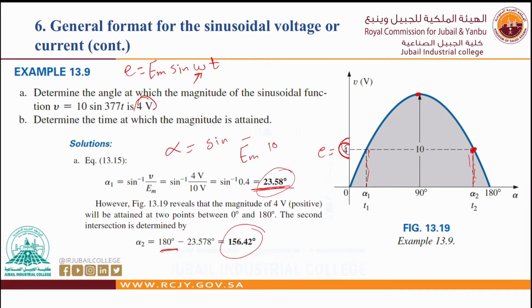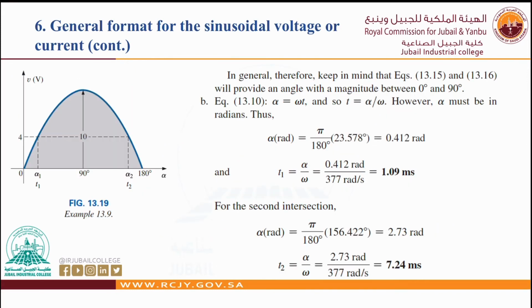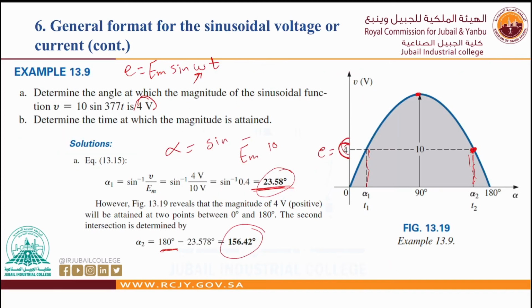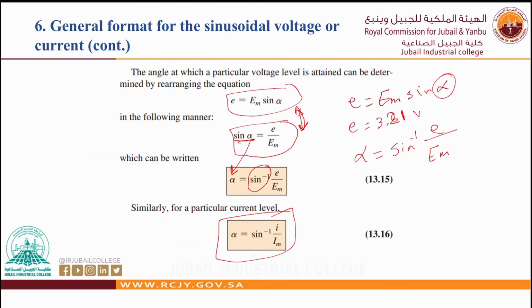Now, in general, keep in mind that equations 13.5 and 13.16 will provide an angle with a magnitude between 0 and 90 degrees. Yes, this is a very important note.